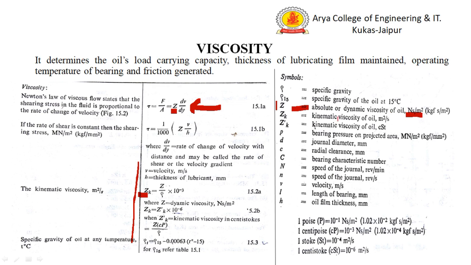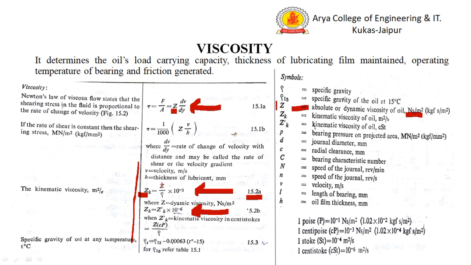Zk is the kinematic viscosity of oil, the unit is meter square per second, and Z dash K is the kinematic viscosity of oil, but the unit is centistoke. The relationship between Zk and Z is given by equation 15.2a, and the relationship between Zk and Z dash K is given by equation 15.2b of the data handbook of Mahadevan.